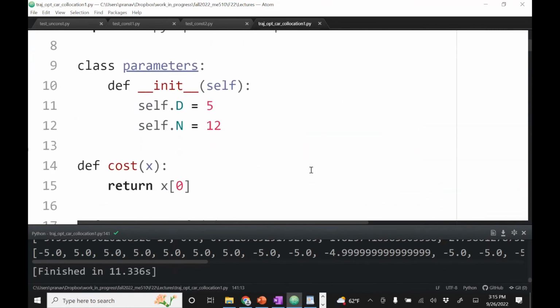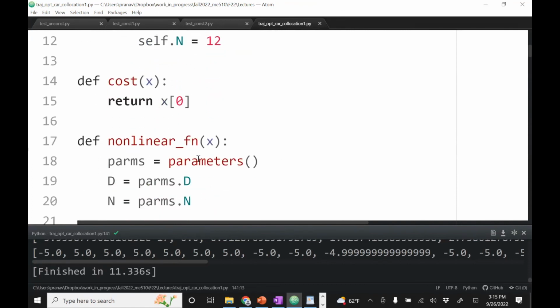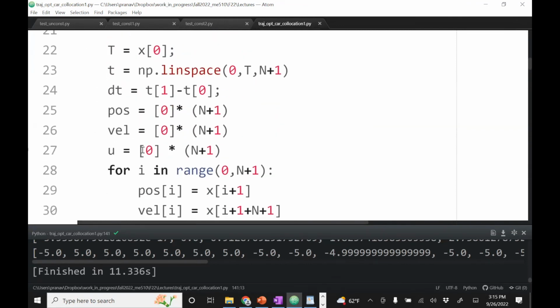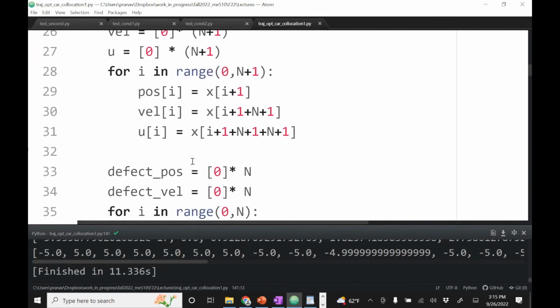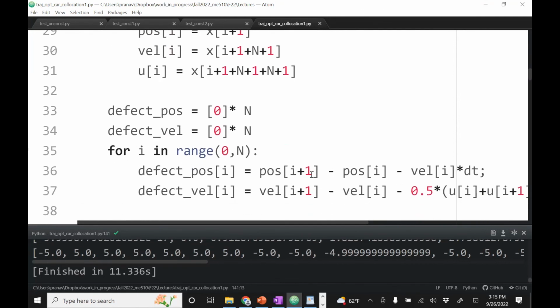Okay, so give me a minute. It's already 3:50, but I'll just finish this. So the cost is the first variable, which is time. For the nonlinear function, I initialize the position, velocity, and u. I try to satisfy that relation here. So position I plus 1 equals position I plus velocity I times dt.